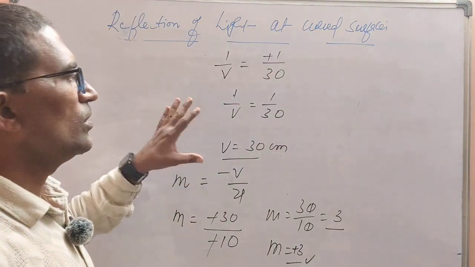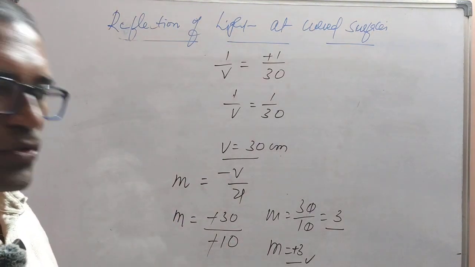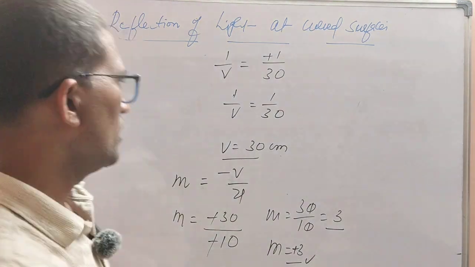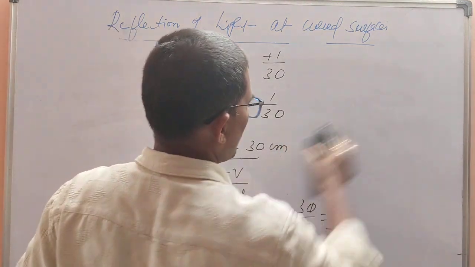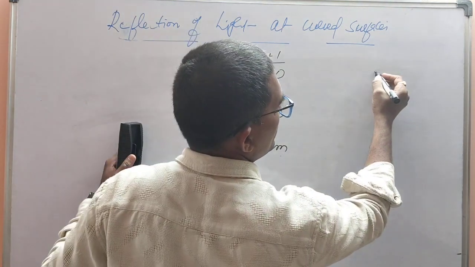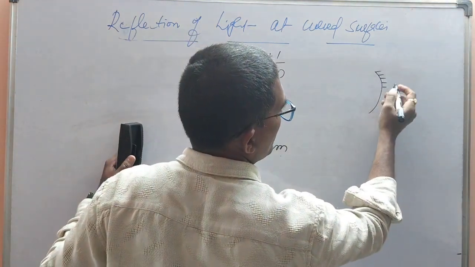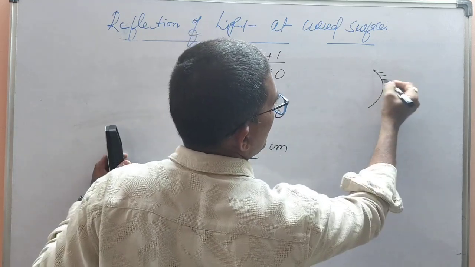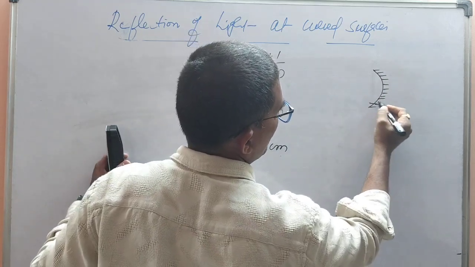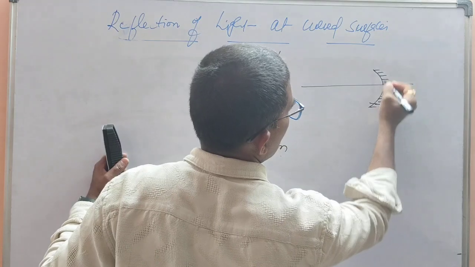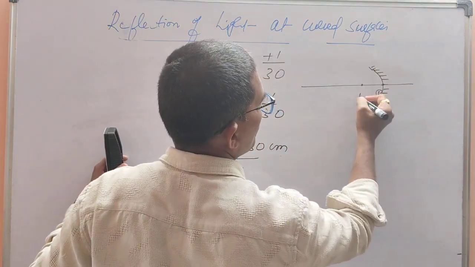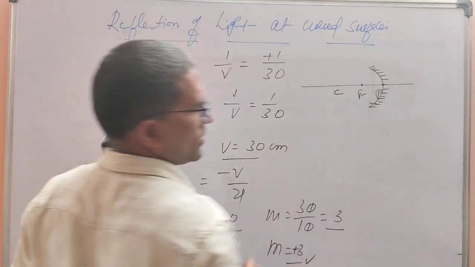Next we got the value of magnification, and even we know what is the image distance. Now we have to draw the ray diagram to know about the orientation or nature of the image. Okay, for that, now I will draw the ray diagram. This is a concave mirror, and this is the pole of the mirror, this is the focus, and this is the center of curvature.